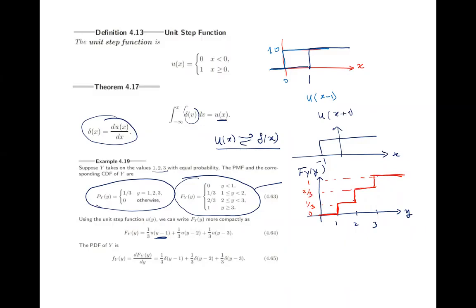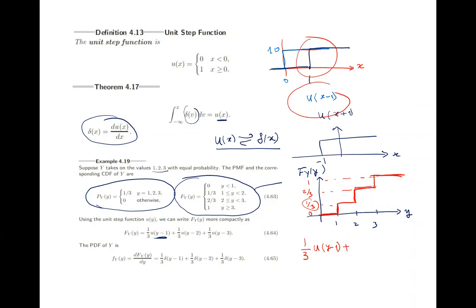Now, how can I write this using the unit step function? You see, the unit step function looks like this. So I just take the summation of these. The magnitude is 1 over 3, u of y minus 1. So I have a unit step function starting at 1, whose amplitude is 1 over 3, plus, the next unit step starts from here.